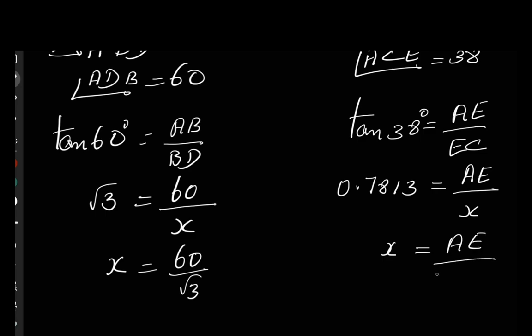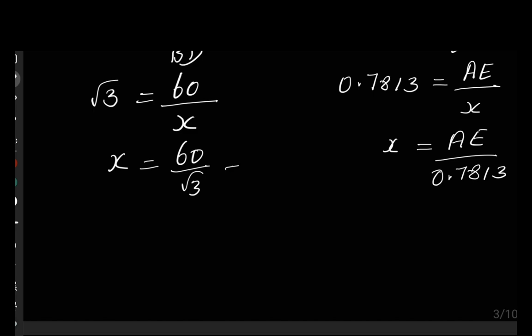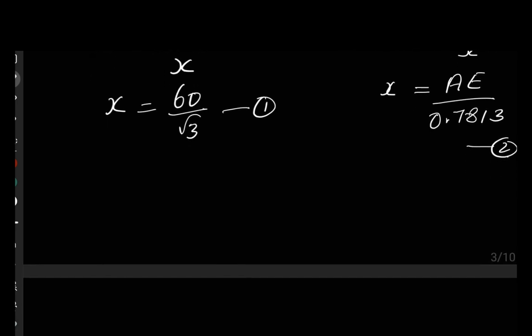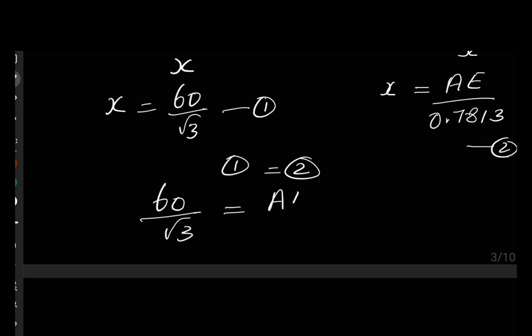AE by 0.7813. So both the equations are equal. 1 and 2 are equal. So these two equations are equal. So let me take this one. Both are equal to X. So 60 by √3 is equal to AE by 0.7813.